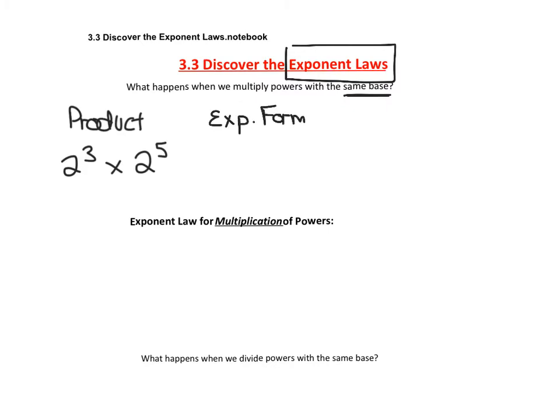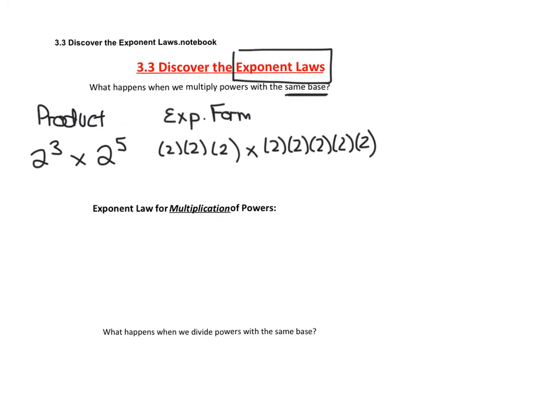What we're really saying here is 2 times 2 times 2, all multiplied by 2 times 2 times 2 times 2 times 2. If we write this as a single power, our base is 2. How many times did I multiply 2 by itself, if you count the expanded form? 8 times. That's right. So it would be 2 to the power of 8.